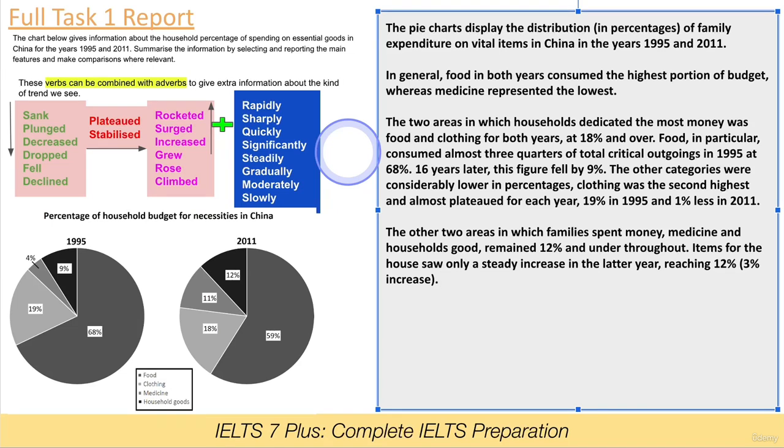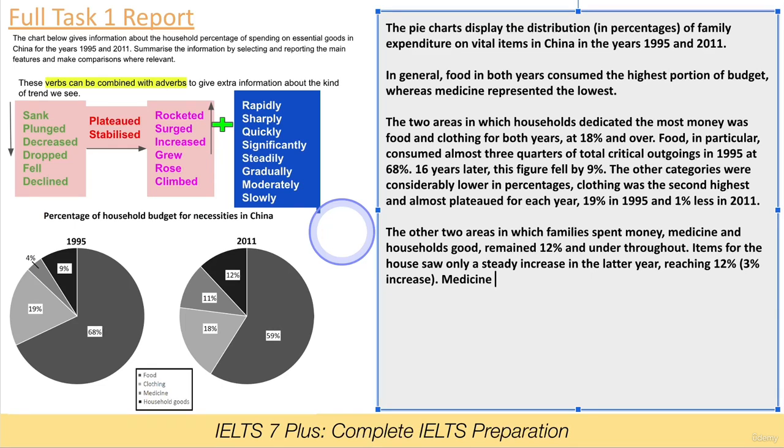Okay, so then we can talk about medicine. Medicine actually saw quite a significant rise.